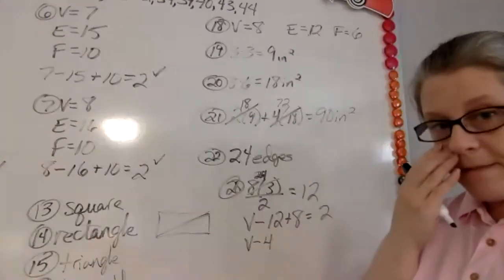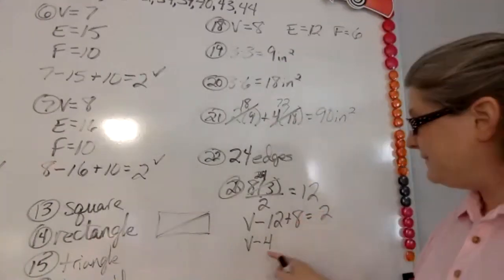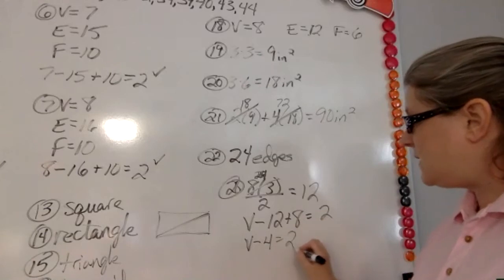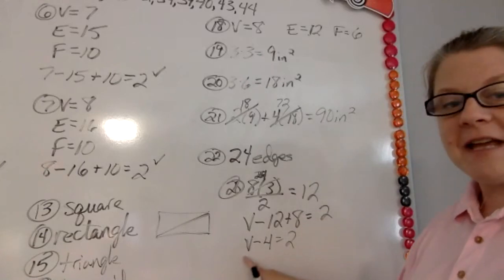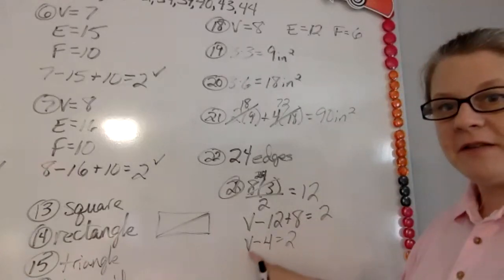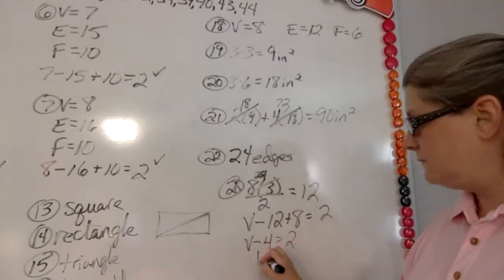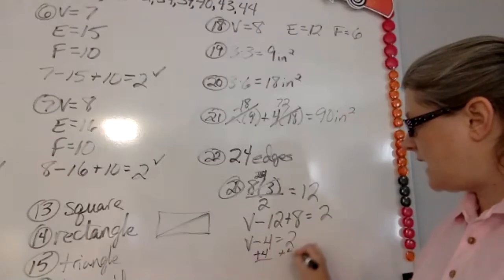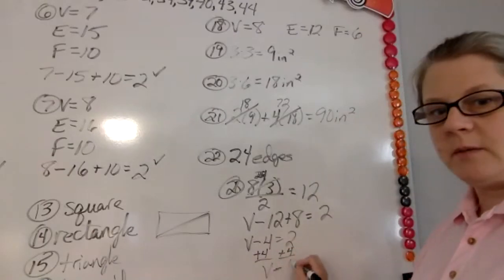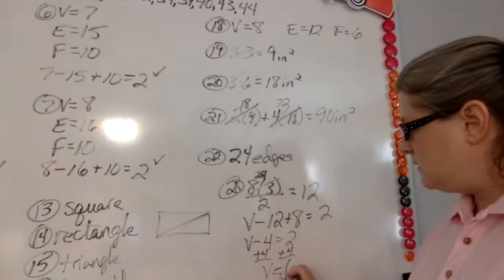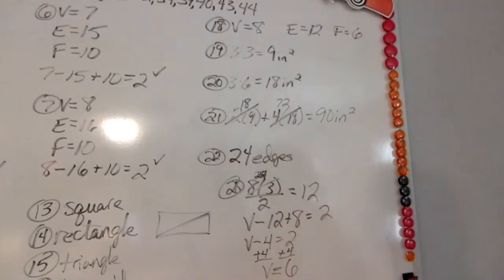Negative 4. I'm trying to get V by itself. How do I get rid of subtraction? Addition. So I add 4 to both sides, so the number of vertices will be 6. So that's what we're doing on 28, 29, 30, and 31.